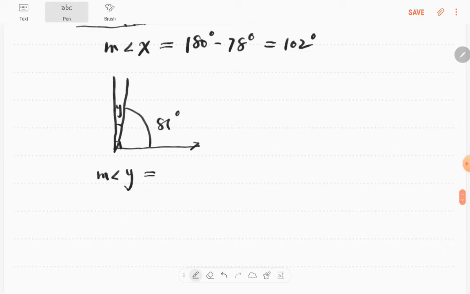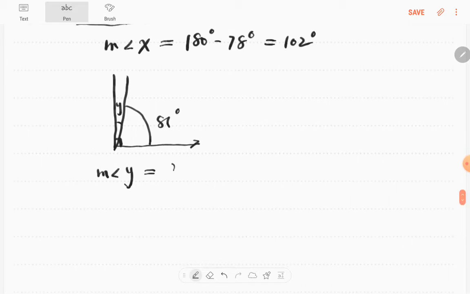Because from the picture, we can know these two angles are complementary. So their sum should be equal to 90. So how can we get the measure of angle Y? We use 90 degrees minus 81. So the answer will be 9 degrees. Okay.